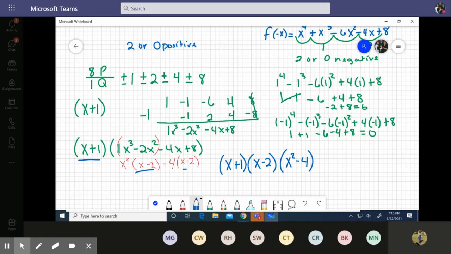Anything else I can factor there? There you go. This is my difference of squares, isn't it? So x plus 1, x minus 2, x plus 2, x minus 2.